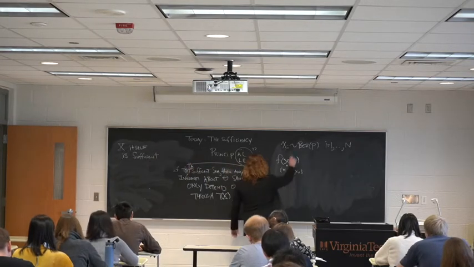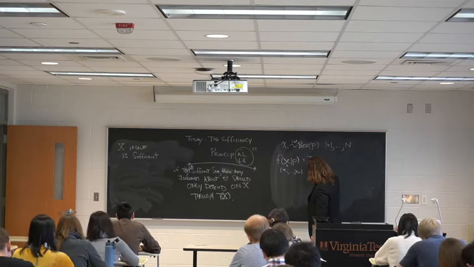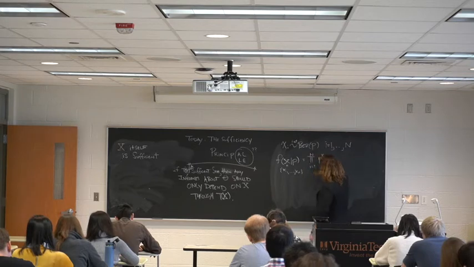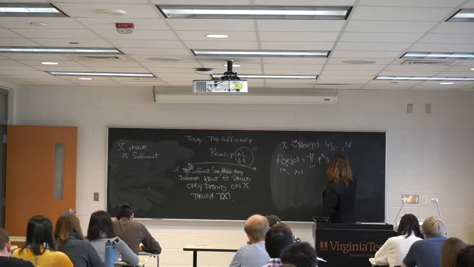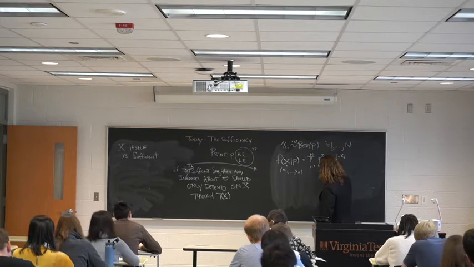It's all IID stuff. This is just the product, i goes from 1 to n, of all of its sampling distributions. This is just f of xi given p.